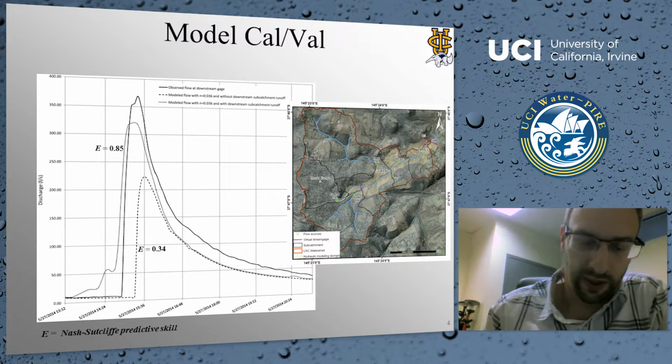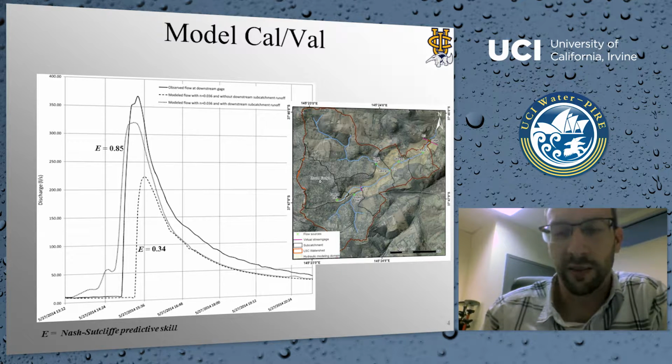What I'm showing here is the Nash-Sutcliffe measure of predictive skill for our model, which for our first attempt was 0.34. On a scale where 1 is a perfect model, a value of 0 indicates that the accuracy of a model is only as good as the average flow of the observed event. We were pretty low on that scale, and so we were not very happy with the modeling results.